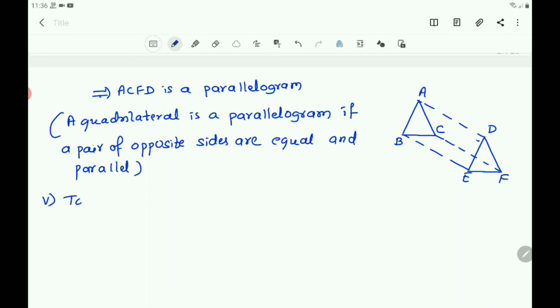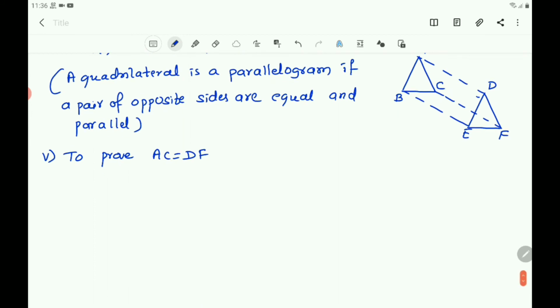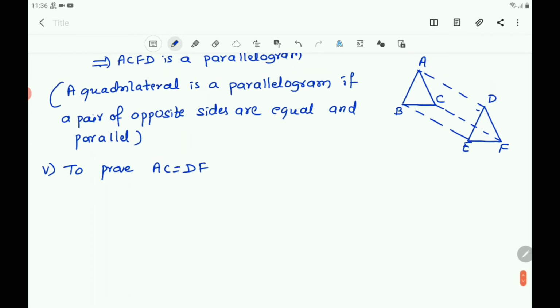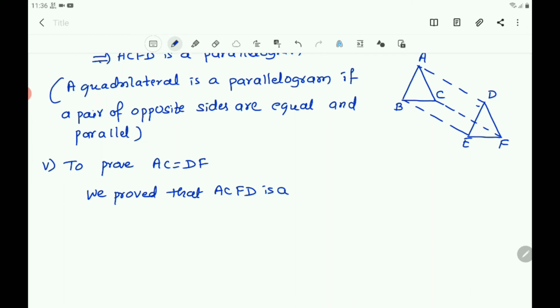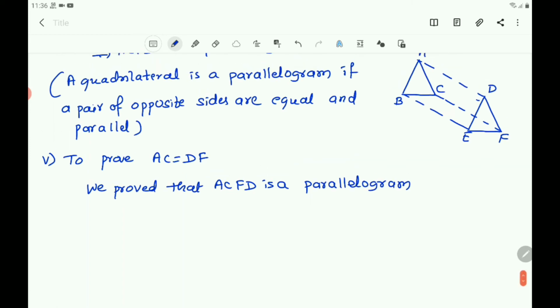To prove the fifth one, AC equals DF. To prove AC equals DF, you take that we proved that ACFD is a parallelogram.